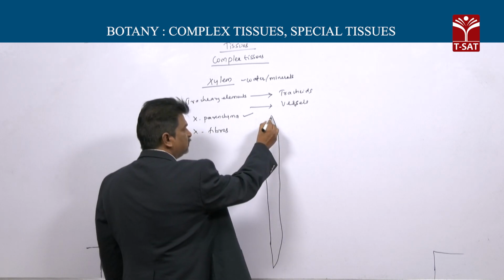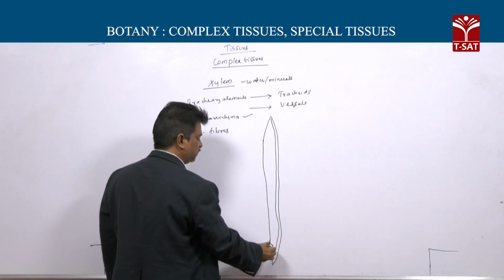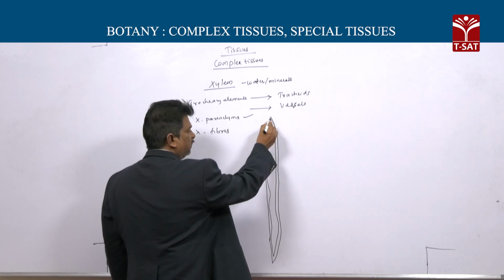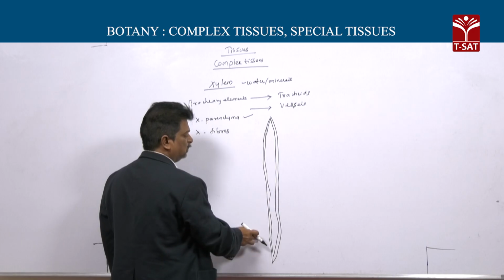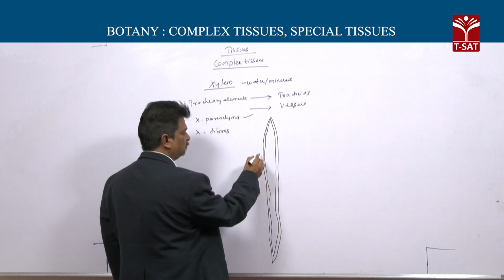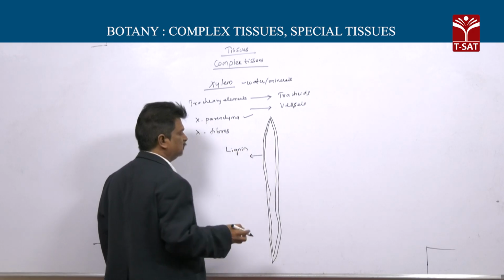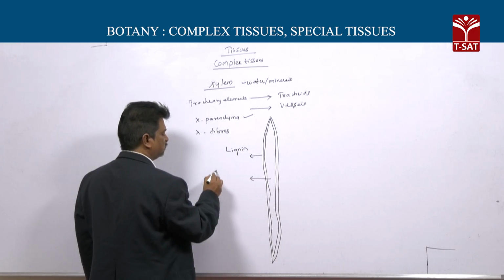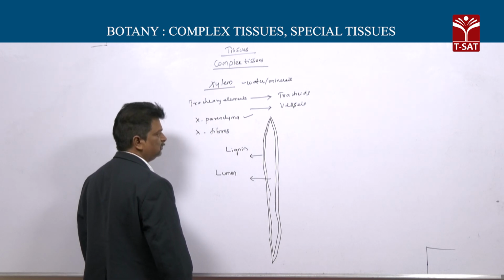A tracheid is an elongated tube-like cell, the middle part is wide, then end walls narrow or tapering. In a tracheid, the cell wall is made up of lignin, and a tracheid is a dead cell without protoplasm. So at the center there is empty space, and that empty space is called lumen.